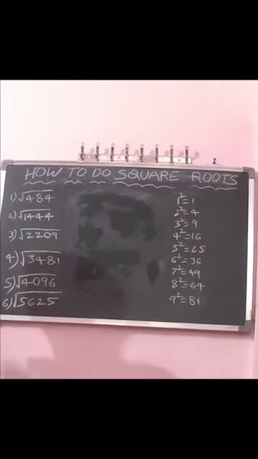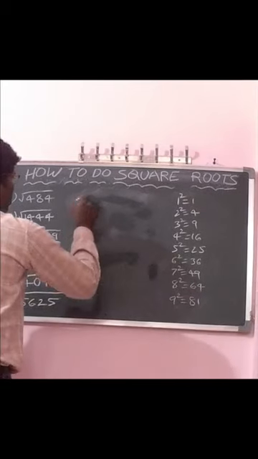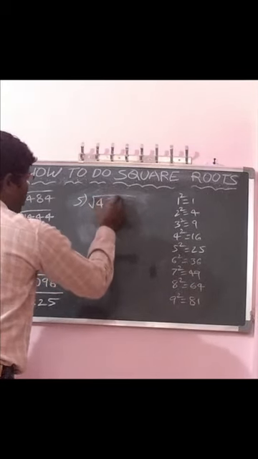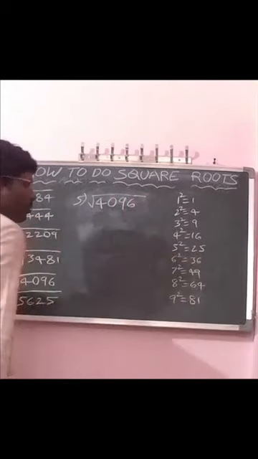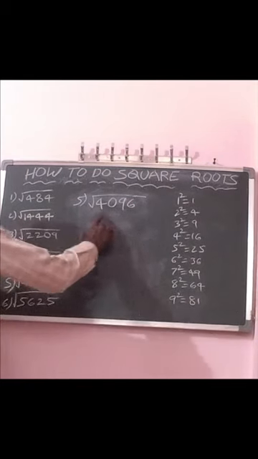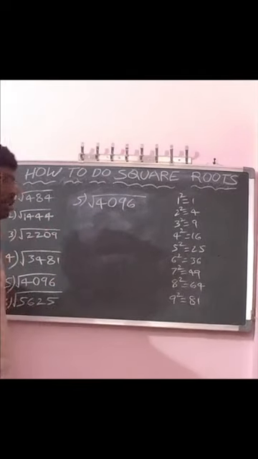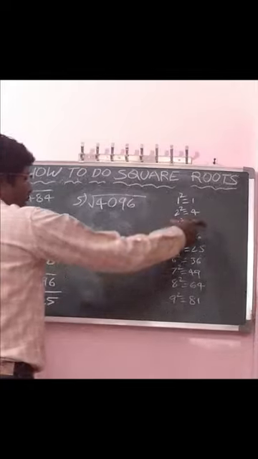Now we can take the fifth question, root of 4096. Now we can apply the first step. In the first step, in root of 4096, the last number is 6. So now we can compare the 6 with the square values.